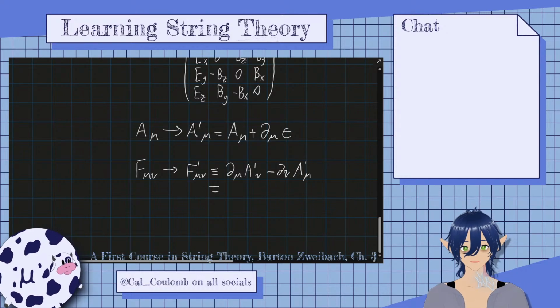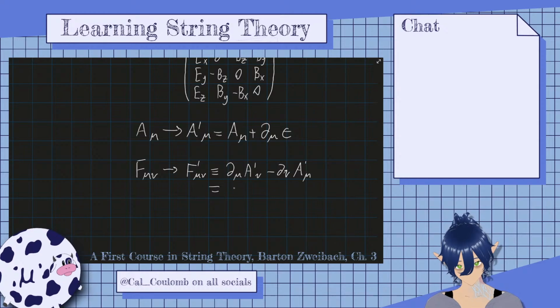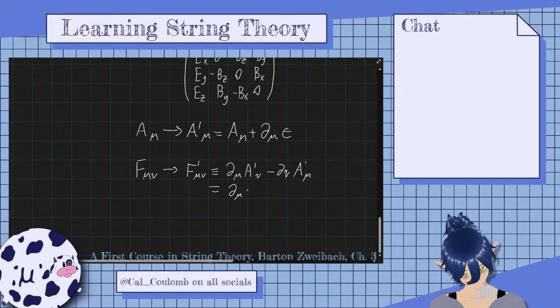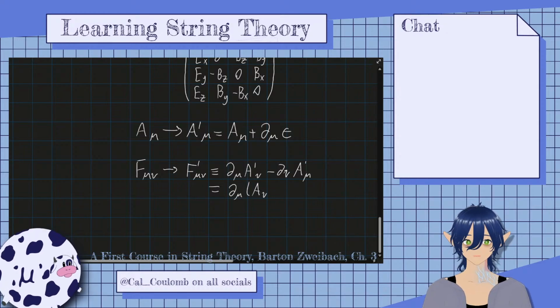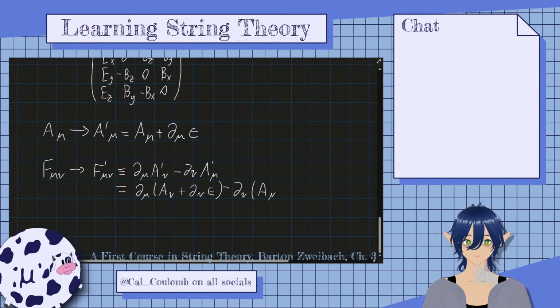And then we can use our definition of the gauge transformation on the vector 4-potential to get partial mu A nu plus partial nu epsilon minus partial nu A mu plus partial mu epsilon.